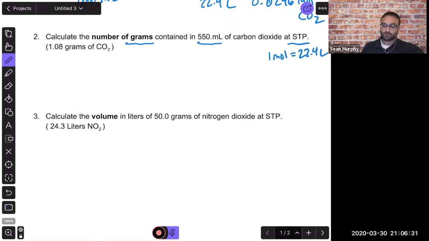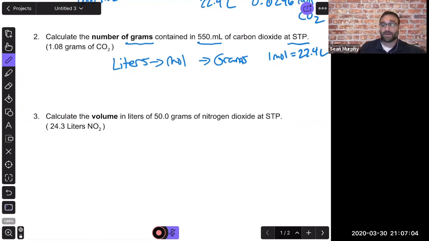Our starting material is milliliters, and we know we can go from liters to grams, but in order to do so, we need to bridge the gap with moles. So we're going to go liters to moles to grams.